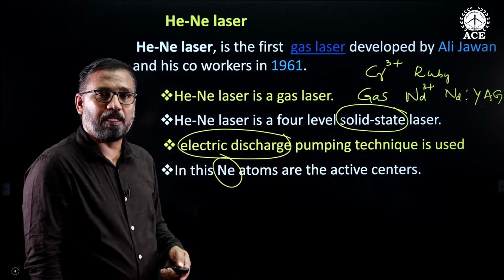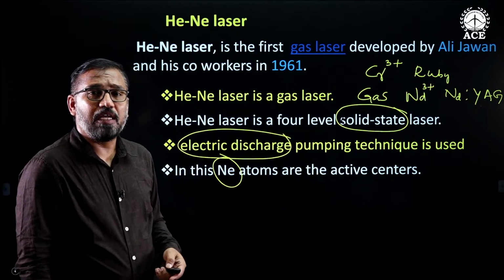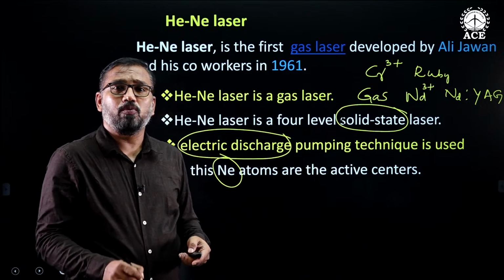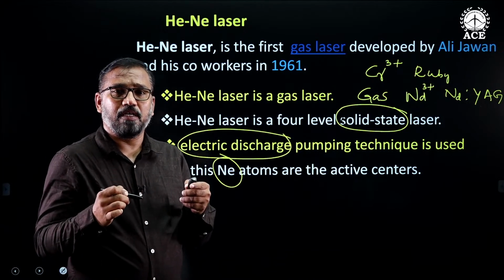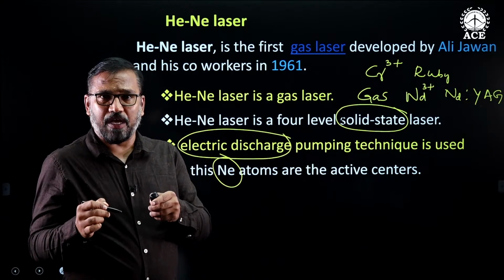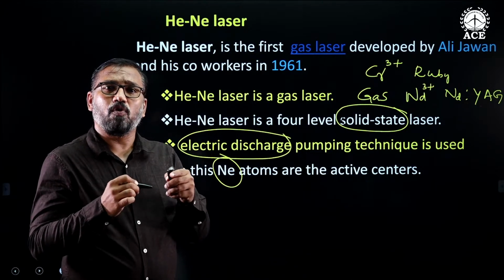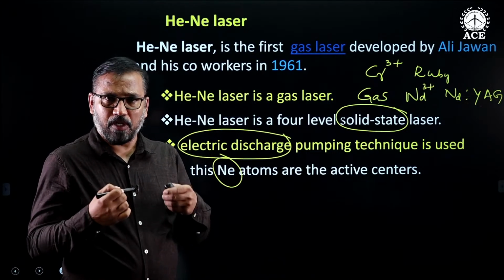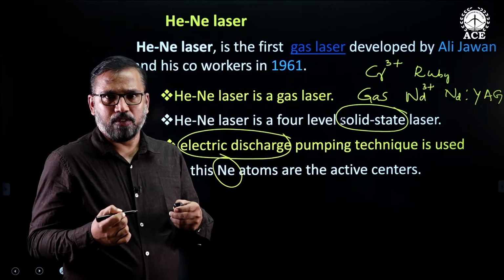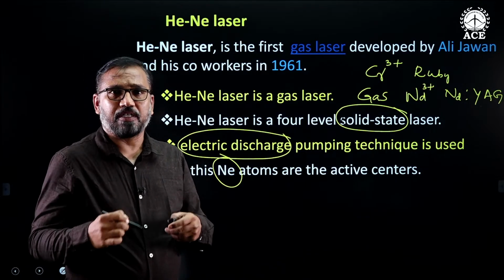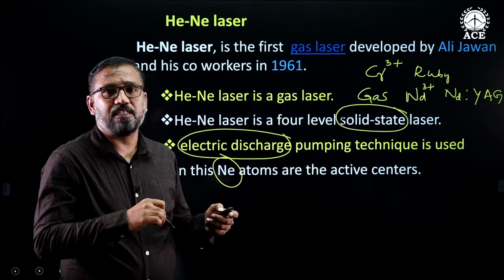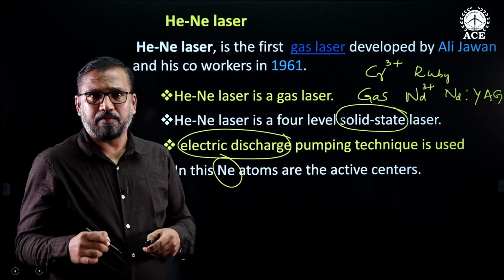What is the purpose of helium? Helium has two important natures. It interacts with the neon, and it is a good energy absorber, absorbing more energy. Whatever heat is generated during the transition of lasing action, the helium atoms absorb that energy.